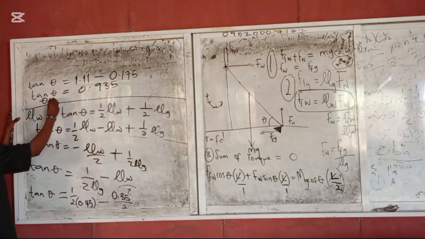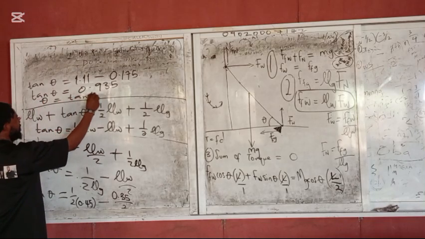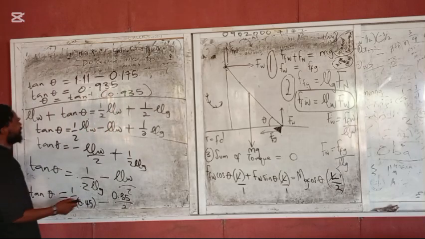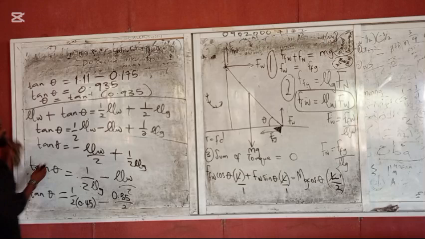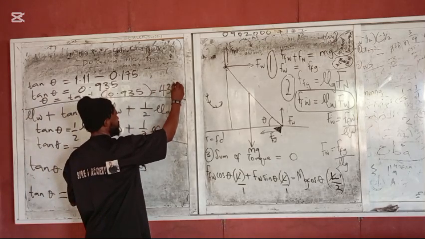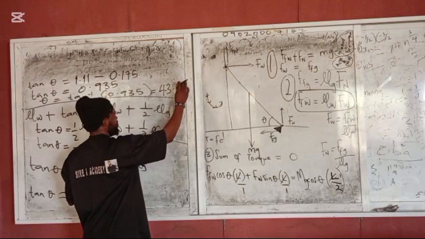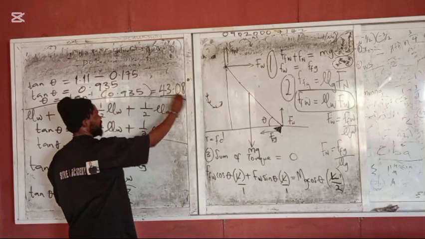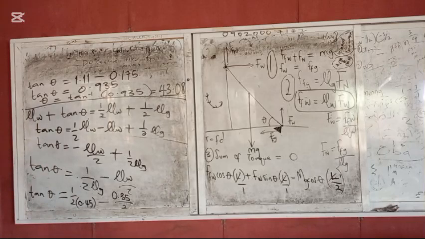So theta is now going to be equal to tan inverse of 0.935, which is 43.076. That's the answer. Check the one that sends the question.